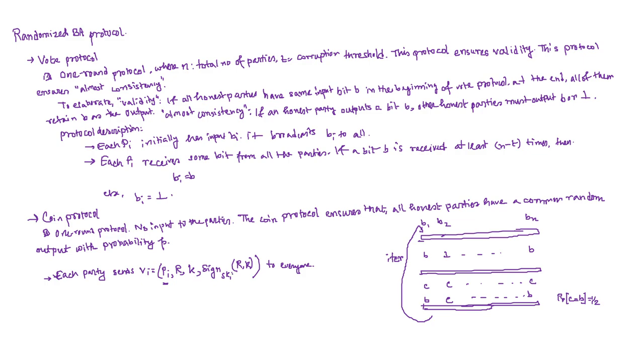And also since the verification key vki corresponding to the signing key ski of party pi is available to everyone in the public, this signature can be verified by any party with the verification key vki. So the vi can be verified publicly, in short.